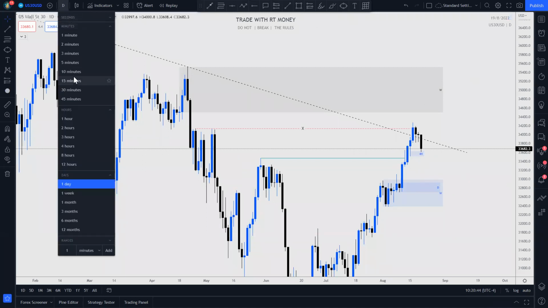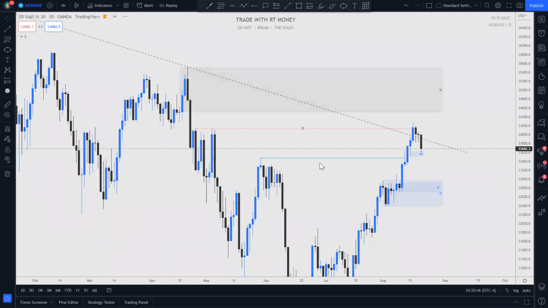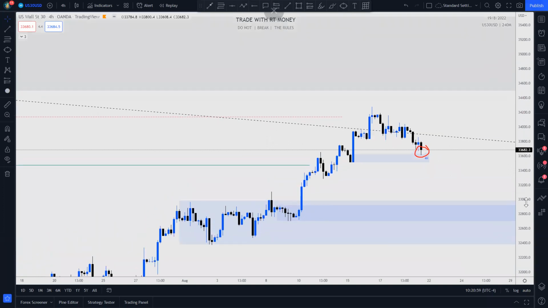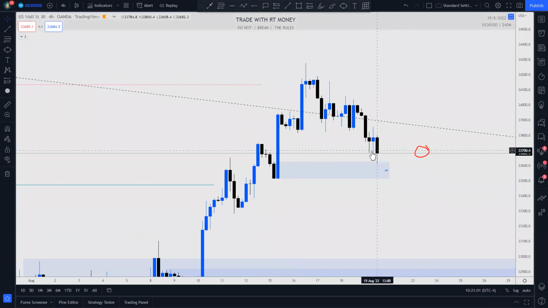Let me go to the 4-hour. This is the Dow now. We've got to see how price is going to react to this 4-hour, and this is where we are right now. Why is it doing that? Got to see where it's at right now. I like this zone.